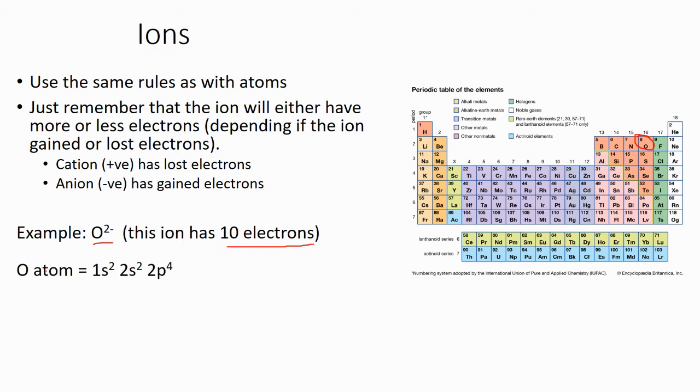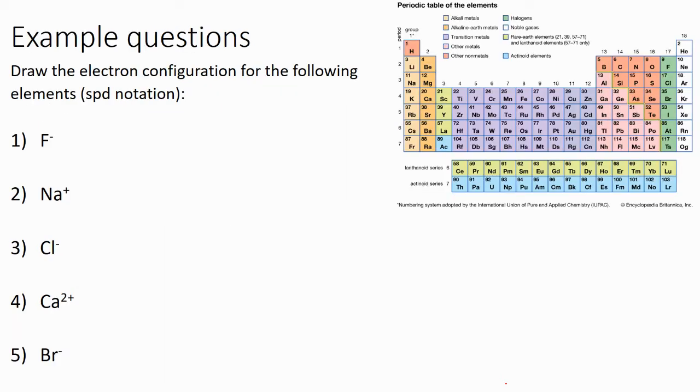The oxygen atom, just to compare, has 1s2, 2s2, 2p4, a total of 8 electrons, compared with the oxide ion, 1s2, 2s2, 2p6. It has gained 2 electrons here, so it's gone from 4 to 6, and now it's got 10 electrons, so it's isoelectronic with neon.